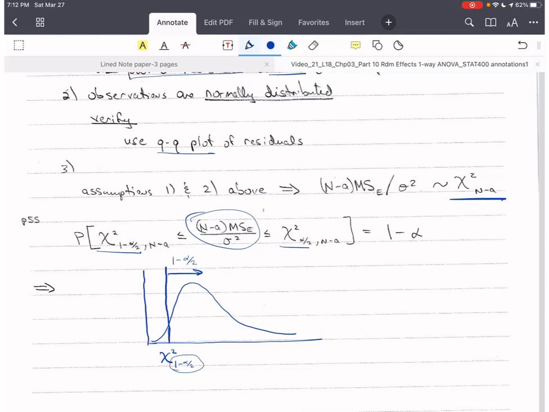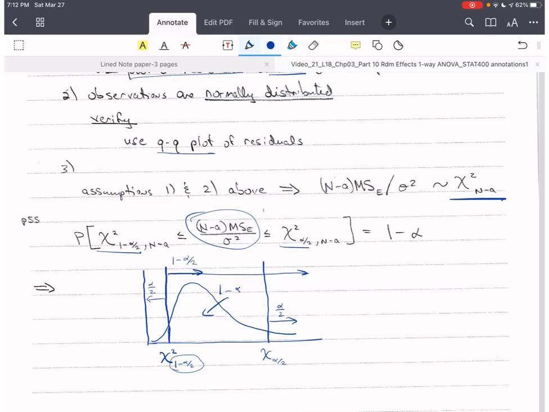That means that the area below it is alpha over 2. And likewise, if we have chi-squared alpha over 2, that means that the area above that is alpha over 2. So if the area above that number is 1 minus alpha over 2, and this area is alpha over 2, then the area here has to be 1 minus alpha.